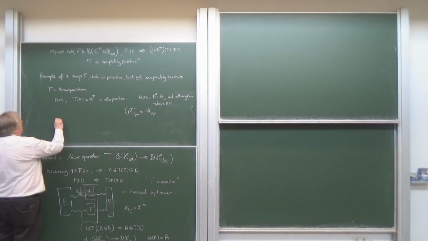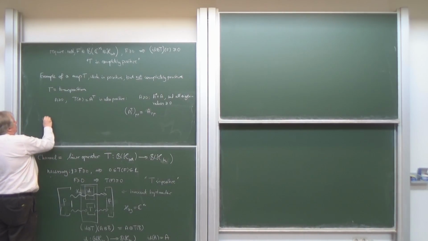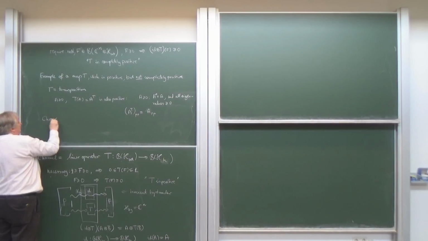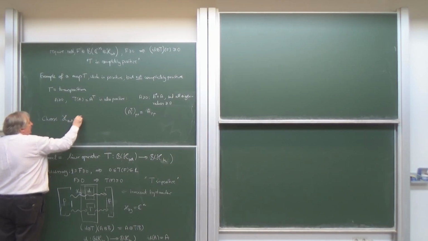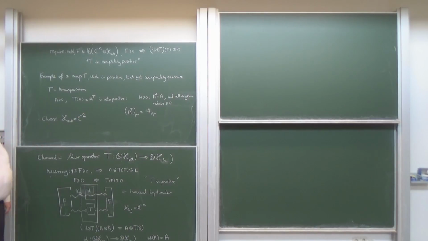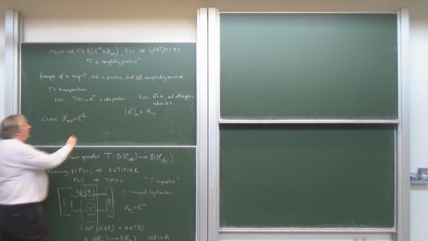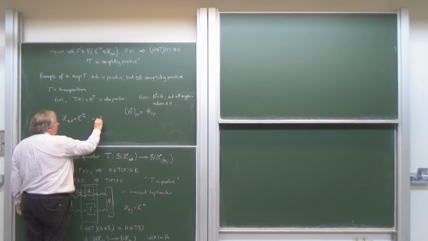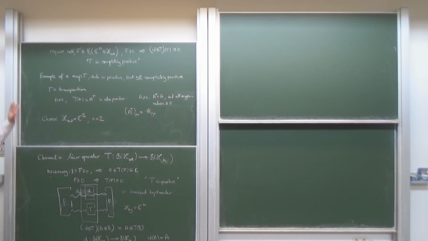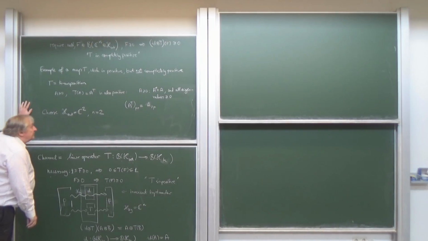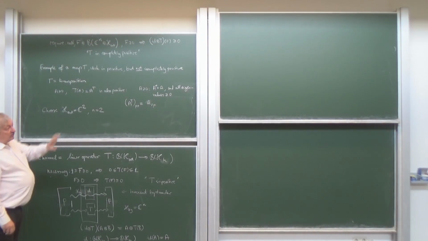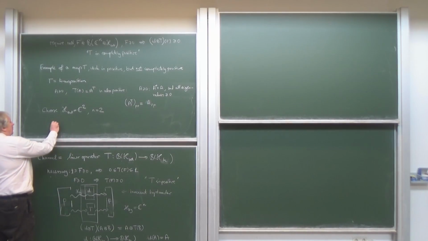So choose H out as C2, so we have a qubit, and N equals 2. So actually that space is this C2 tensor C2, the very thing for which we wrote those block matrix decompositions.